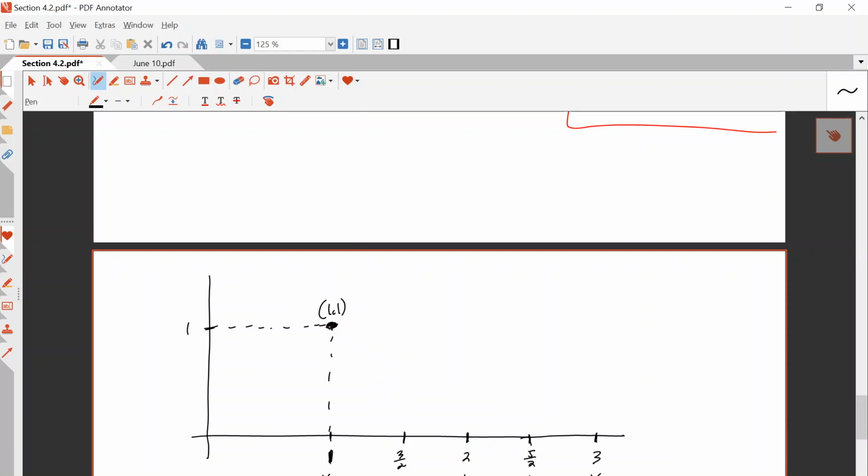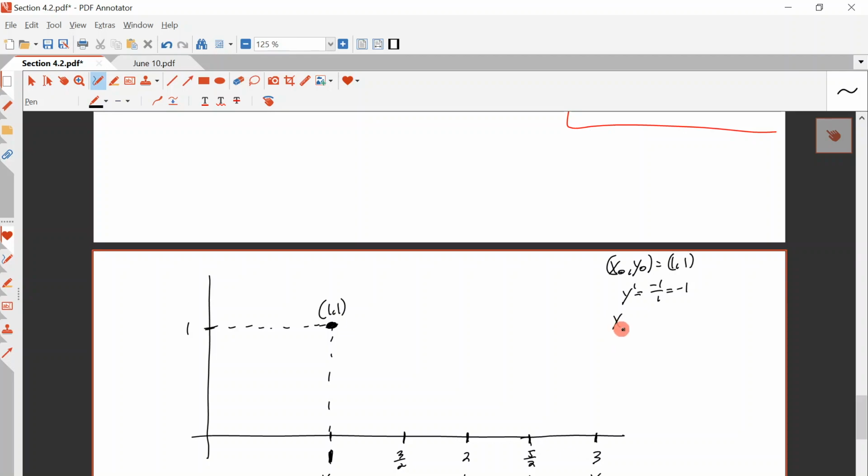All right. So y0 is equal to 1. Let's do it this way. So x0, y0 is equal to 1, 1. And then y prime is equal to minus y over x, which is minus 1 over 1, which is equal to minus 1.